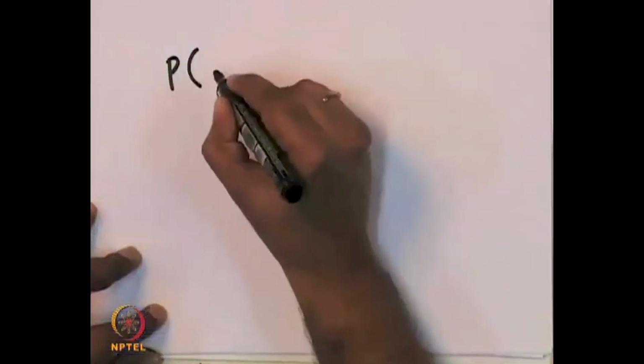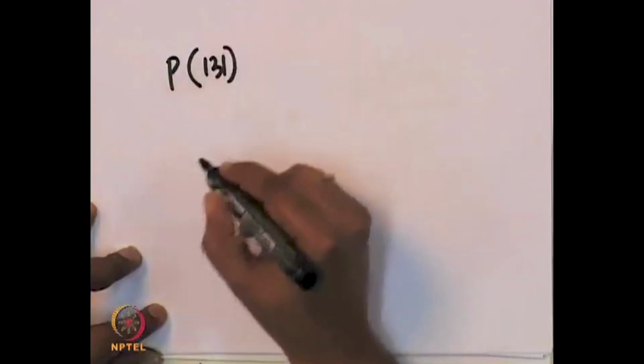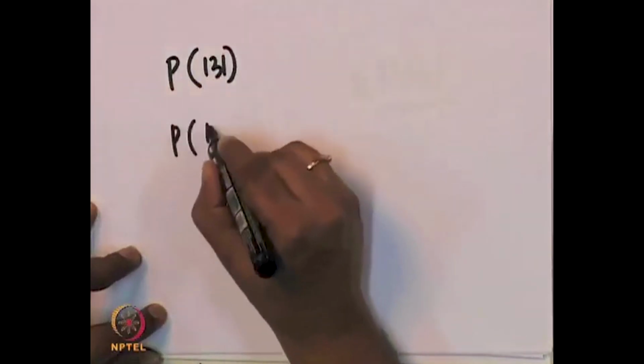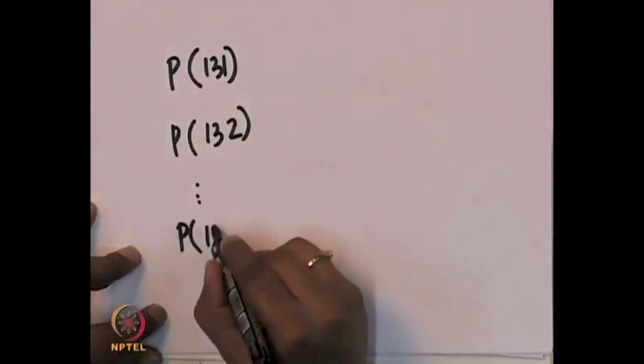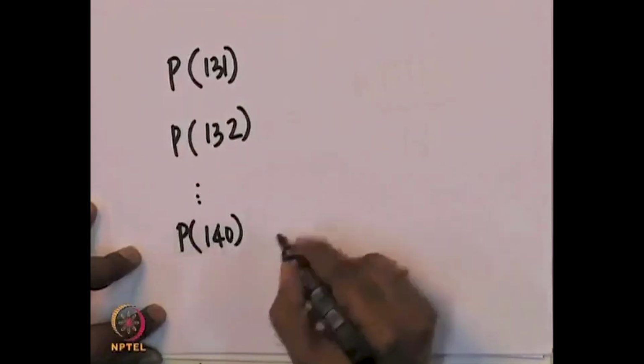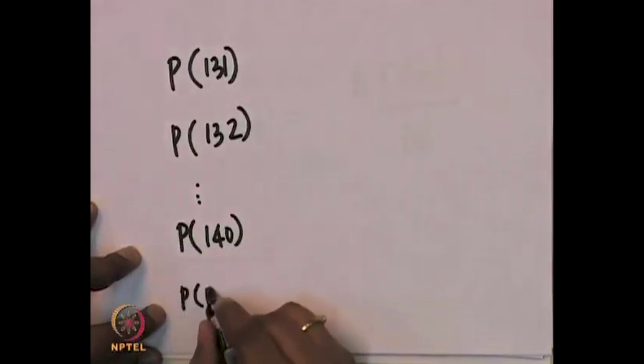So, now you have this probability. How do you find the average? Can we find the average from these probabilities? It turns out that we can. Let us go back to the definition we had. We discussed the probability of having students of 131 centimeter, let us say the probability of having students of 132 centimeter, similarly the probability of having students of 140 centimeter and of 150 centimeter.